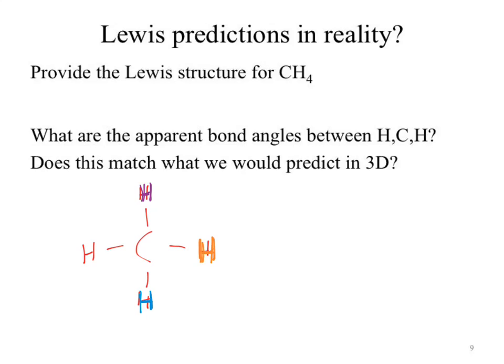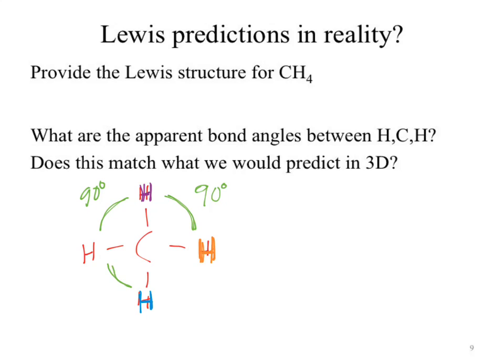So we go through and say, well, it needs to be exactly the same. So what's the bond angle between our purple hydrogen and our orange hydrogen? What does it look like? I know, pretend I drew it straight lines. About 90 degrees. What's this one?